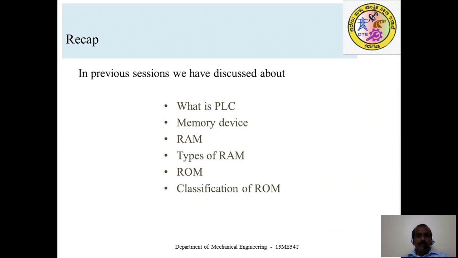In the last session, we discussed what a PLC is. A programmable logic controller is... what is a memory device. There are two different types of main memory or primary memory, RAM and ROM, different types of RAM, that is SRAM and DRAM, ROM, and the different classification of ROM like MROM, PROM, EPROM, EEPROM.